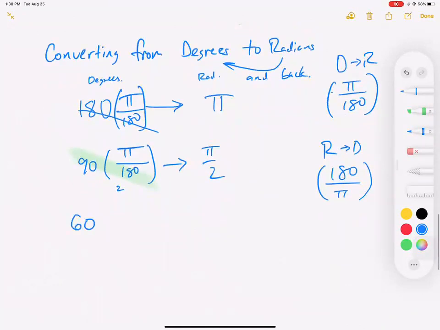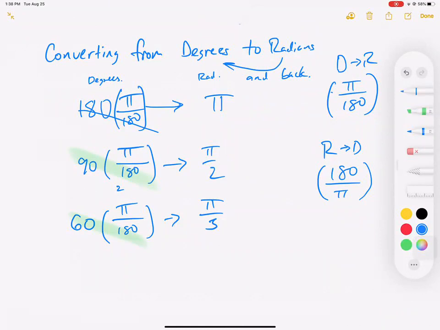60 degrees. How do I change this to radians? I want radians. I write radians at the top. I want to get rid of degrees. 180 and 60, they divide out into 3. Pi over 3. So does this work with all types of numbers? Yeah.